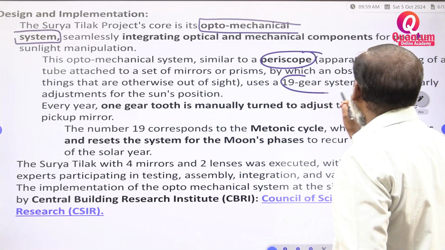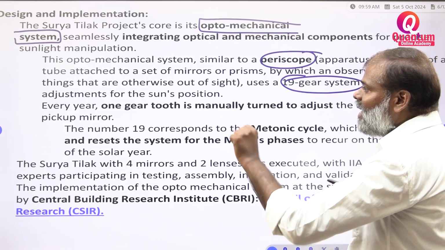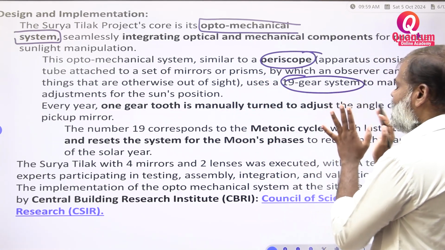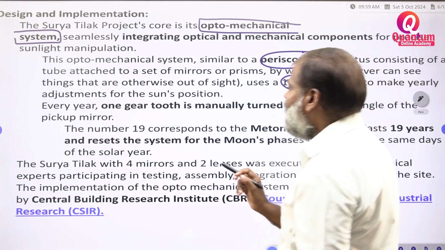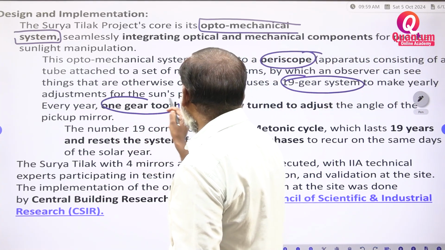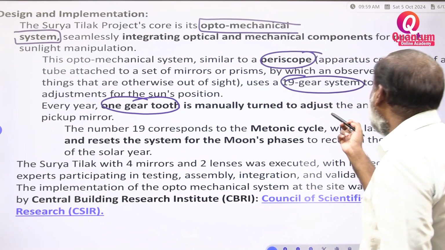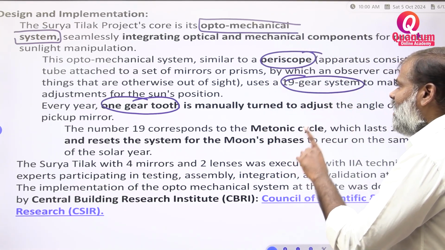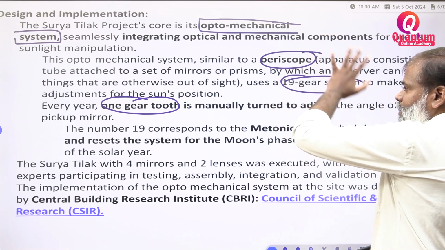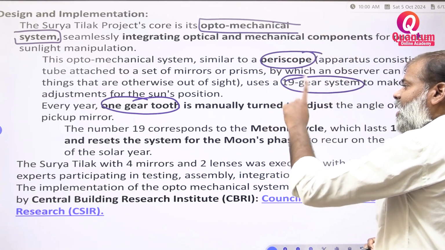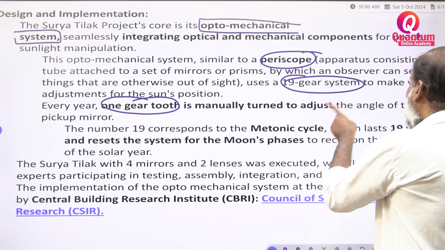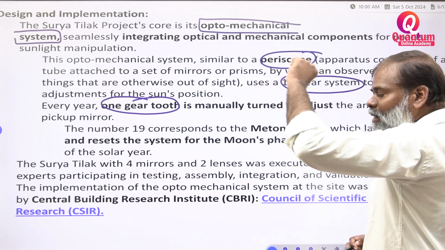It uses a 19 gear system to make yearly adjustment for the sun position. Every year one gear tooth is manually turned to adjust the angle of the pickup mirror. Every year, the 19 gear system they prepared, IIA, one gear tooth should be manually turned to adjust the angle of the pickup mirror.